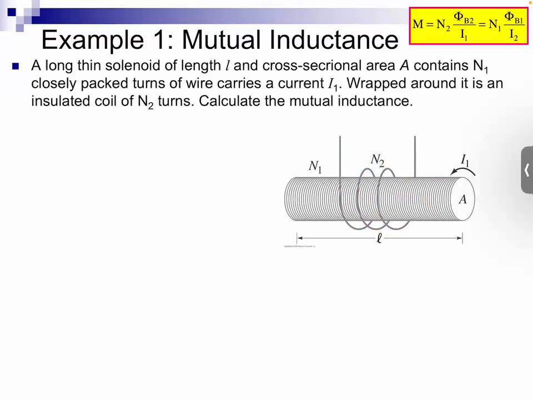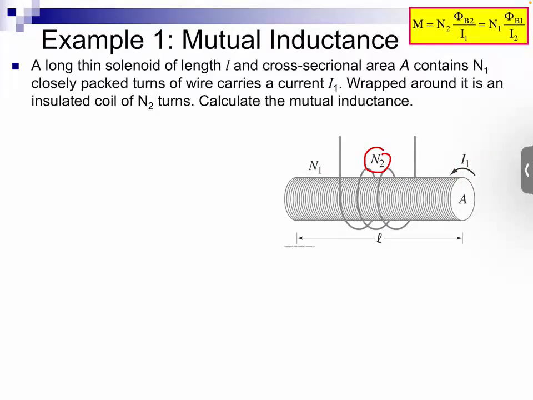The second wire has N2 turns. So the subscripts help us identify that coil 2 has N2 turns, and the solenoid has N1 turns. Those N1 turns carry a current I1.